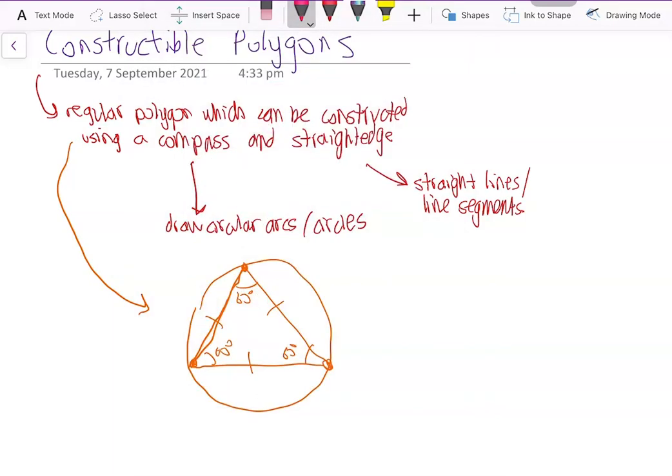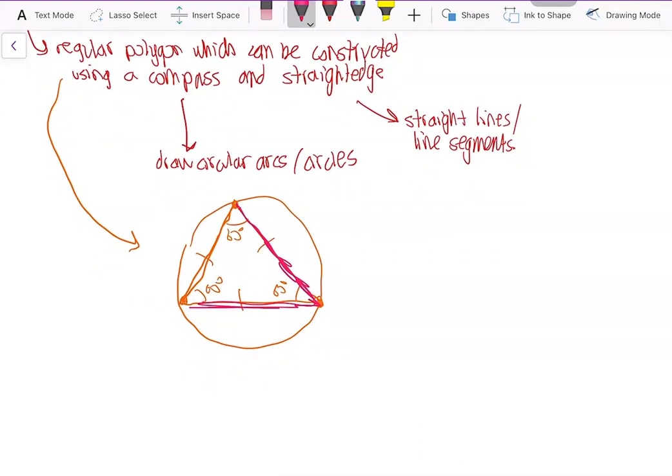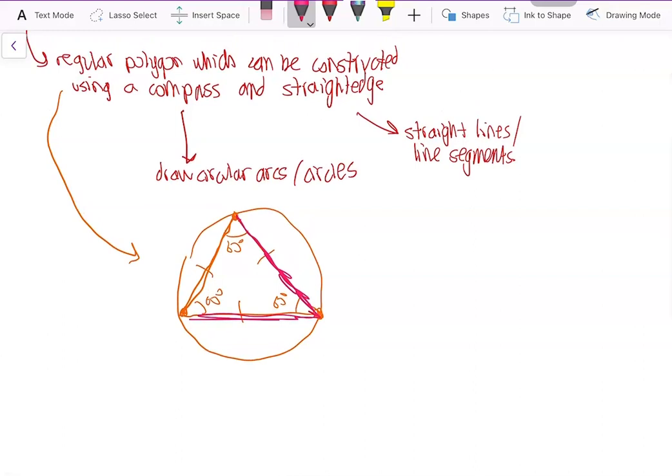It involves constructing 60-degree angles, and it's not too difficult to figure out how to construct a 60-degree angle.